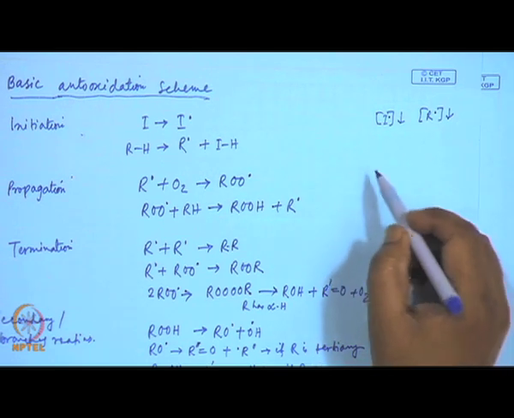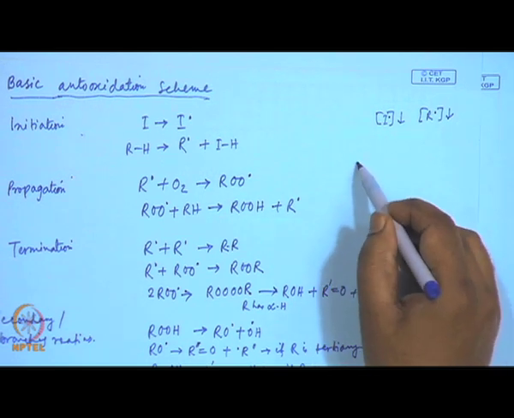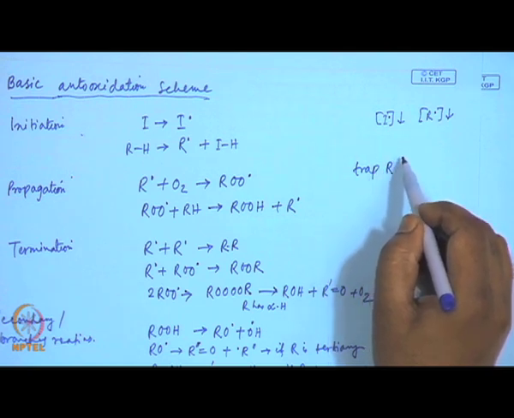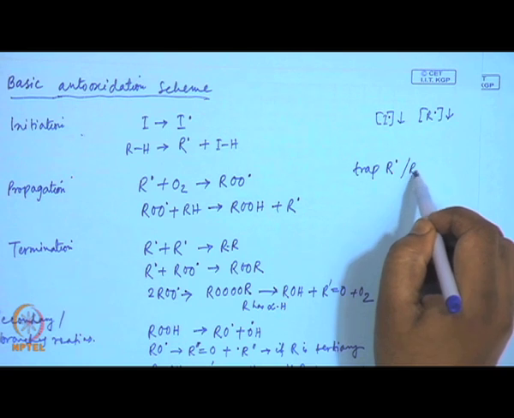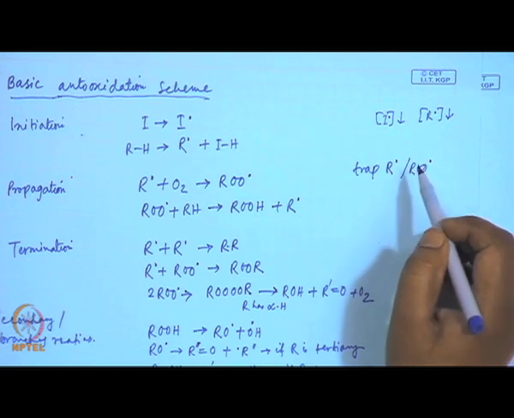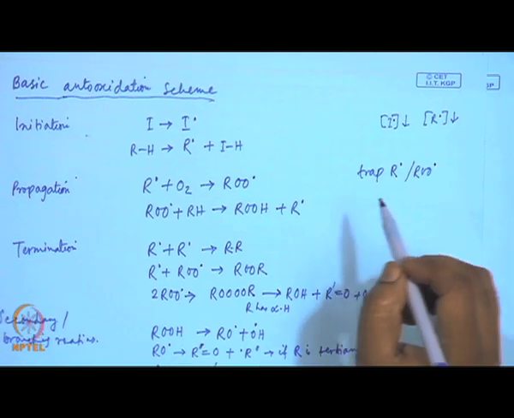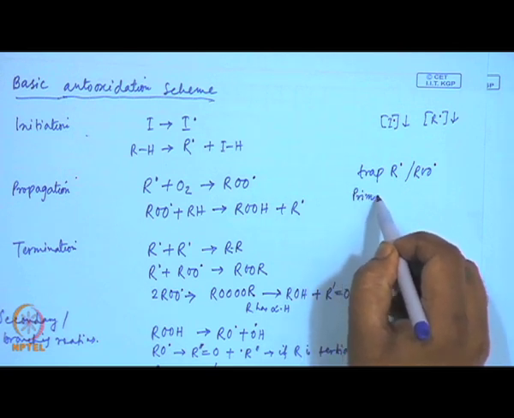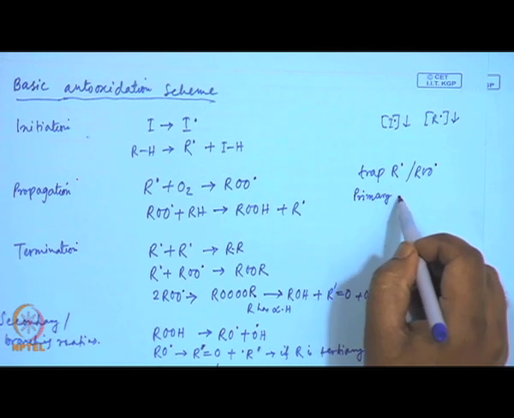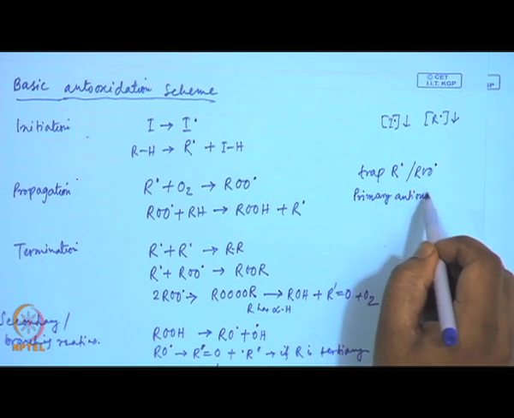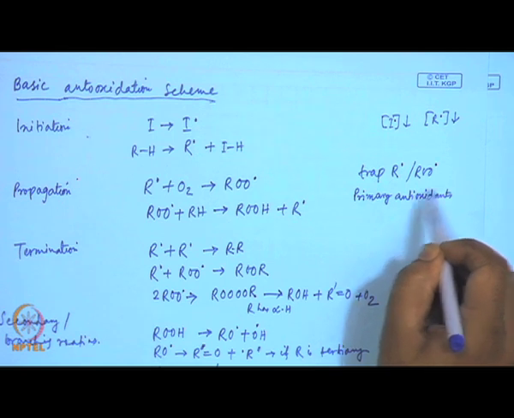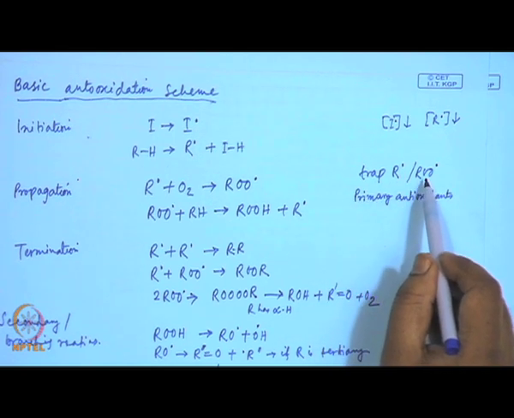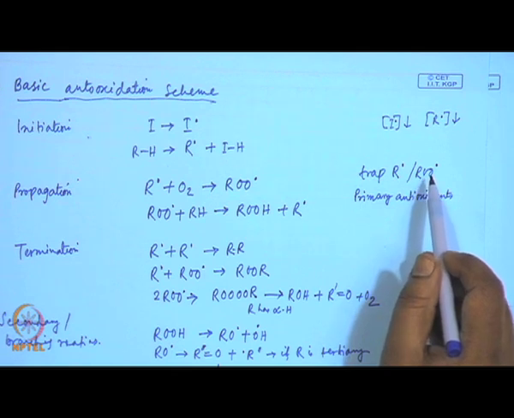So, what we can do, we can trap this R dot or peroxy radical, and that is done by primary antioxidants. So, primary antioxidants basically trap these R dot and peroxy radicals.